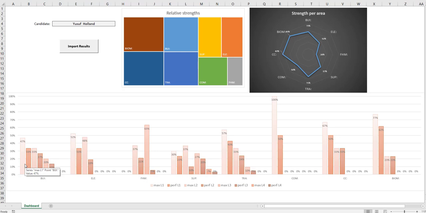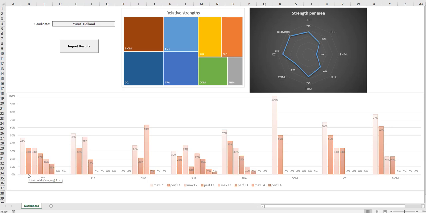So the candidate, ideally, should be answering 47% in the level 1 questions, level 1 meaning the basic competency level for construction, 33% in level 2, which is independent, basic knowledge, and 20% on level 3, which is an expert. Now the darker bars are the actual answers, the performance in his actual answers.